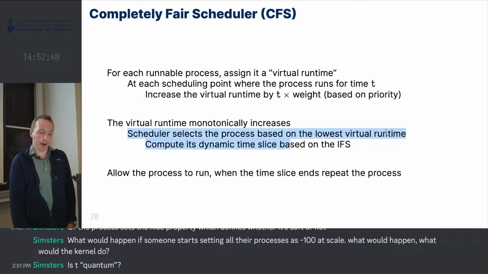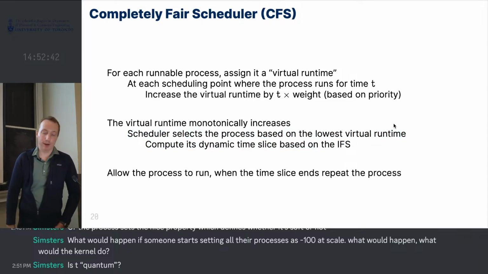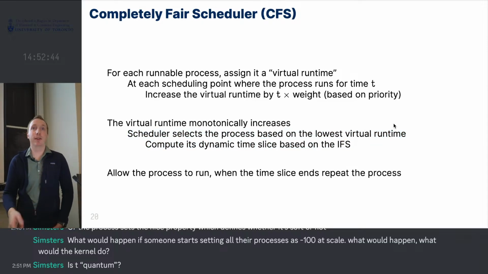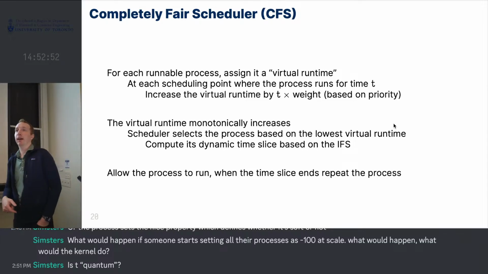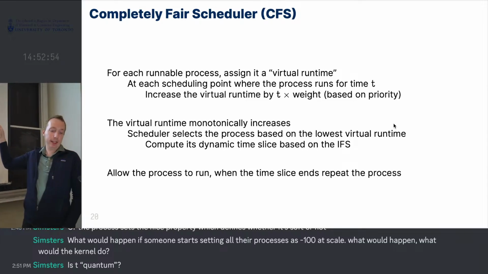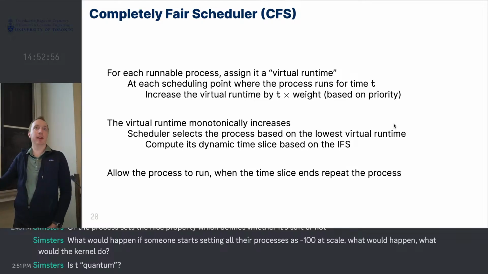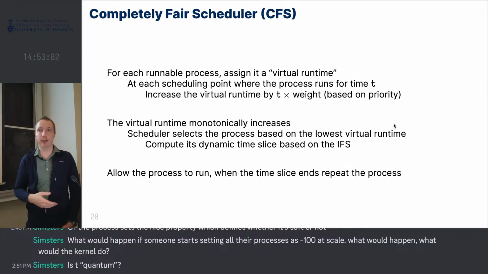So how this scheduler works is when it makes a decision of what process to schedule next, it will just pick the process that has the lowest virtual runtime. And then it will dynamically scale that T based off the time slice it should have if there were ideal fair conditions.